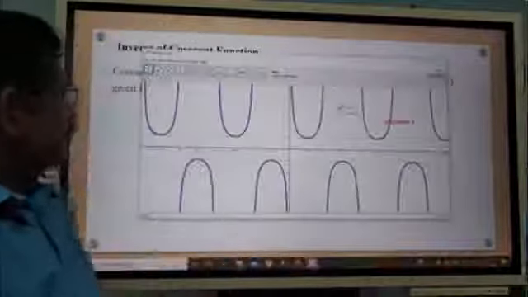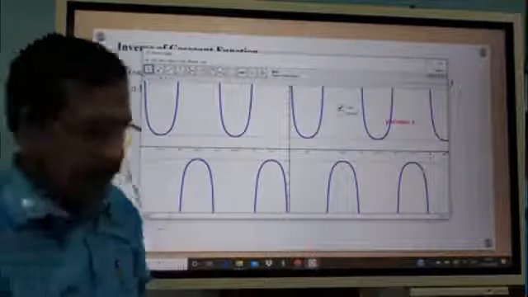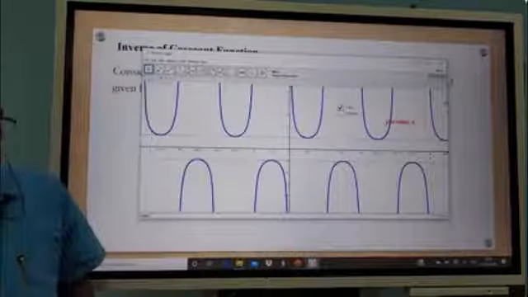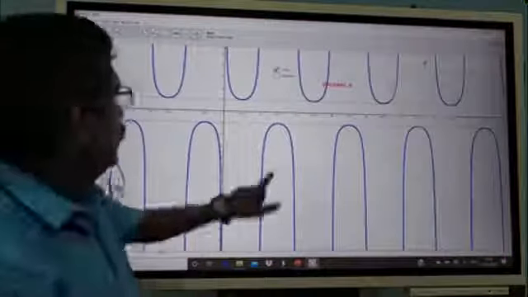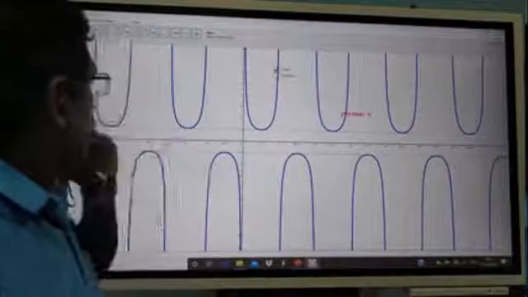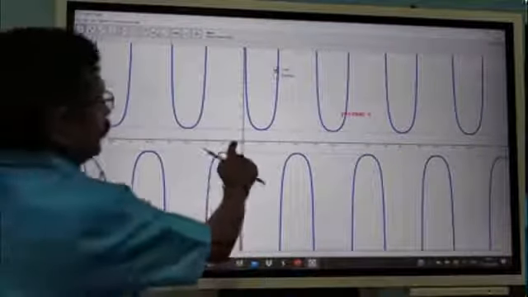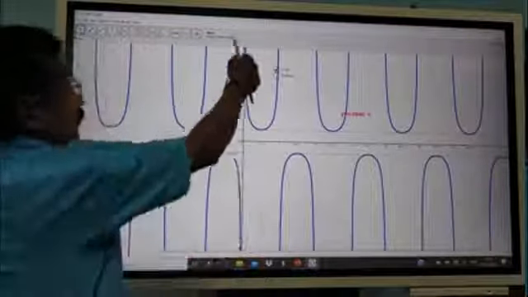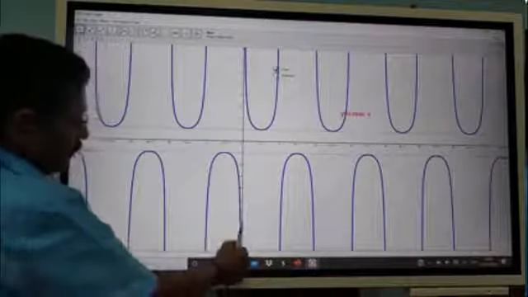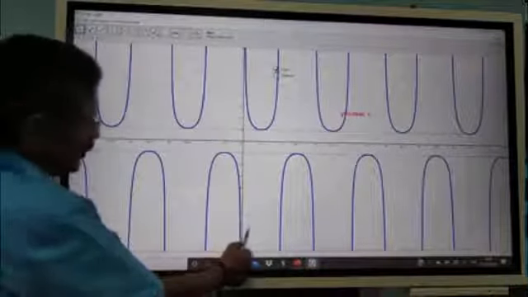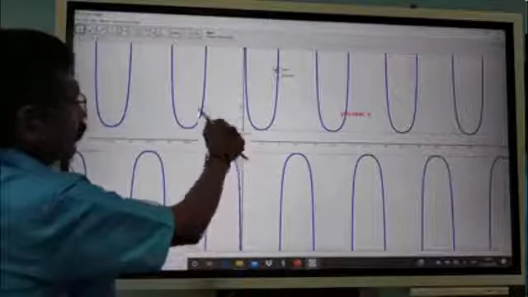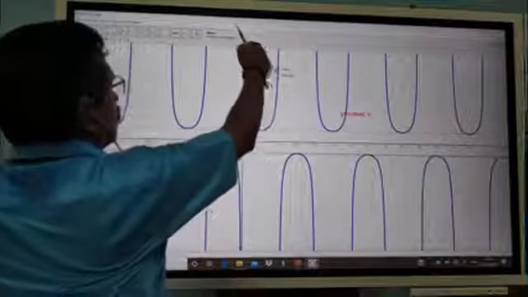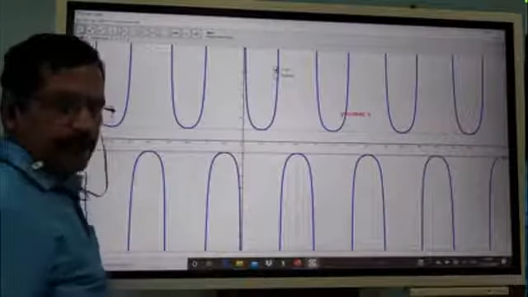This is the graph of the cosec function. You can see that from minus pi by 2 to pi by 2, excluding 0, the cosec function takes values from minus infinity to minus 1 and 1 to infinity.